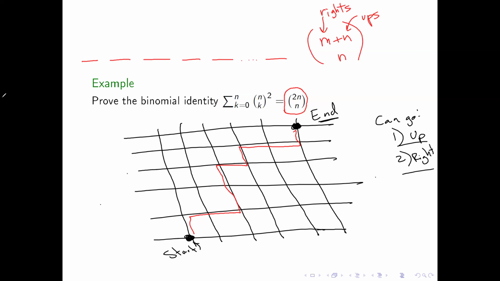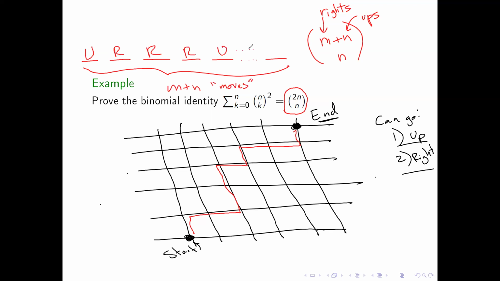Because if this is a total of m plus n moves, are you okay that they're my moves? This first one can be not m. I could make this one up, right, right, right, up.